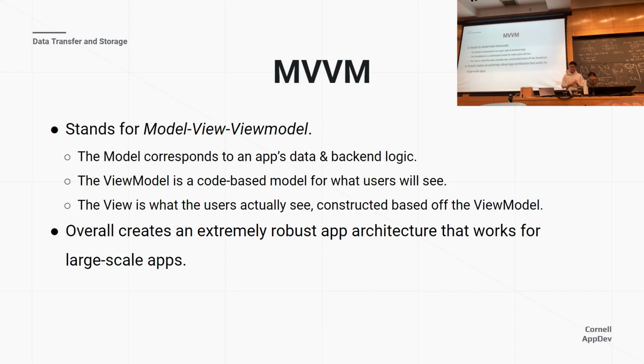It decouples the actual UI components, what everything looks like, design, and it decouples it with the actual data. How does the logic actually work? And how do we actually deal with the data and the back-end information that we're getting?